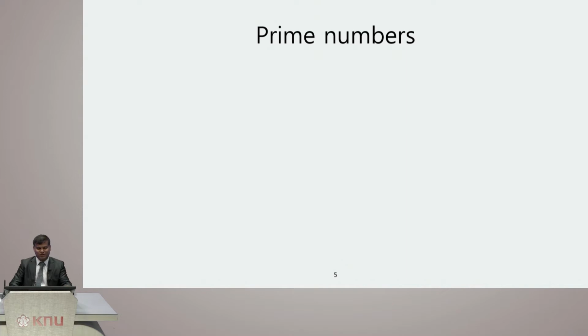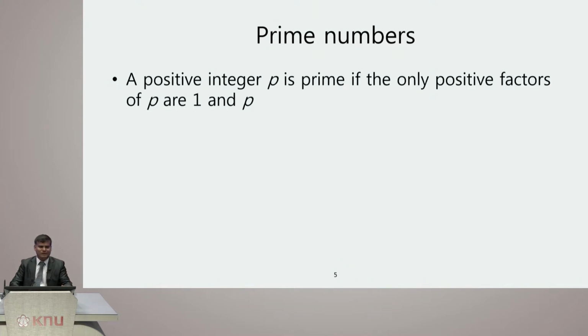When coming back to prime numbers, we are going to deal with them for a short time now. A positive integer p is prime if the only positive factors of p are 1 and p itself. You might have studied these prime numbers in junior high school or even in high school.